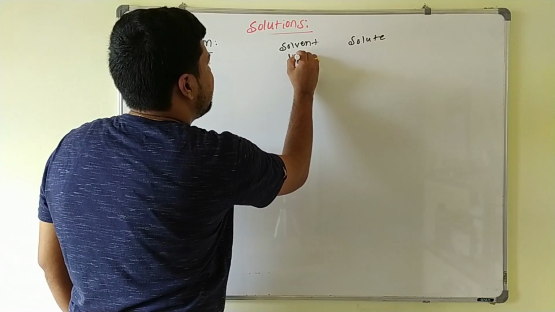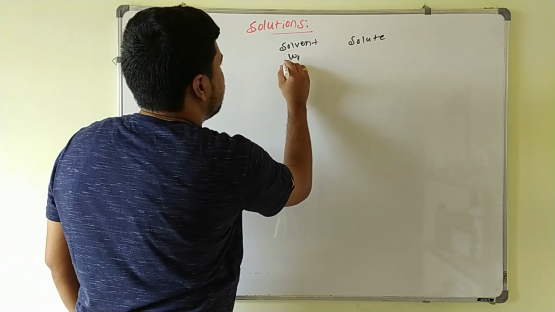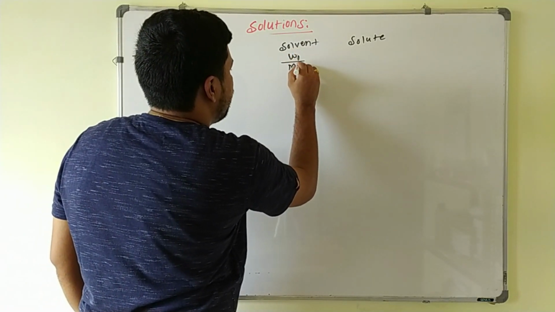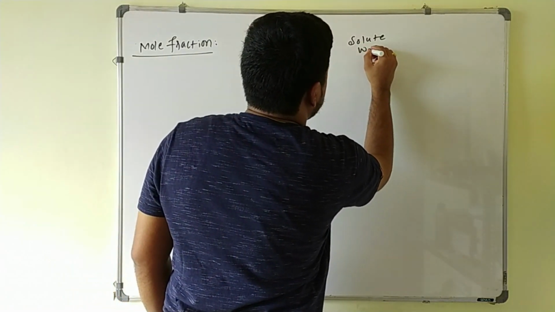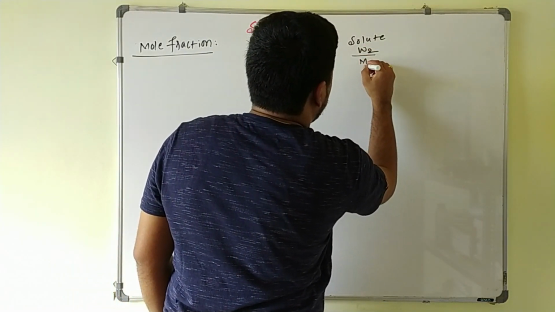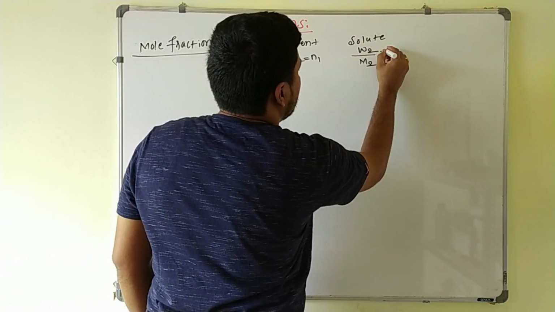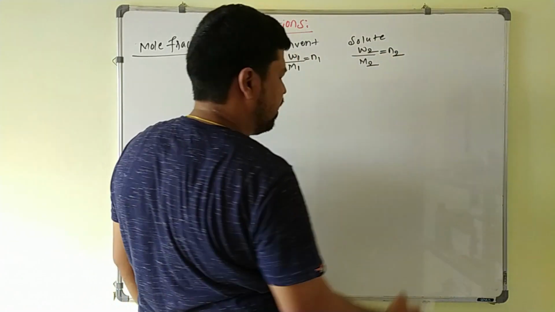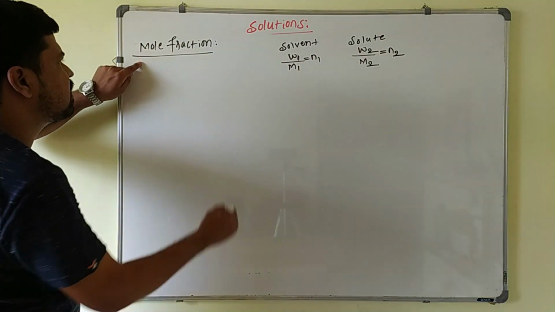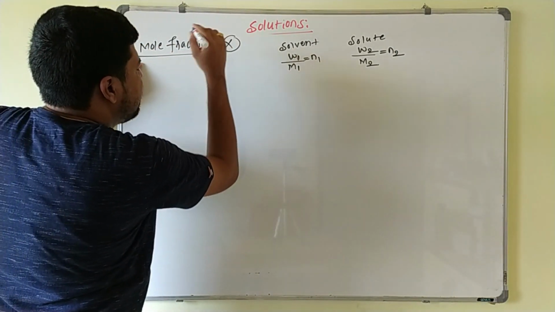Mass of the solvent is W1, molar mass of the solvent is M1, mass of the solute is W2, molar mass of the solute is M2, number of moles of solvent is N1, number of moles of solute is N2. Mole fraction is indicated by X here.